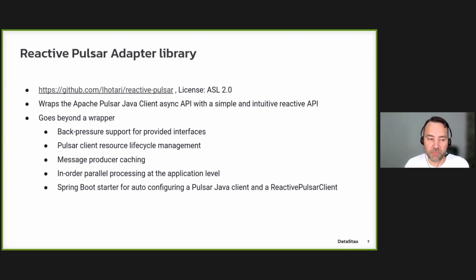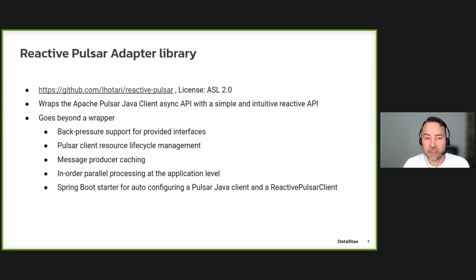And this library goes beyond being just a wrapper. So there's backpressure support for provided interfaces. It takes care of the Pulsar client resource lifecycle management. For Pulsar, there's a concept of a producer resource, and it does some caching for this, which you need in many applications.